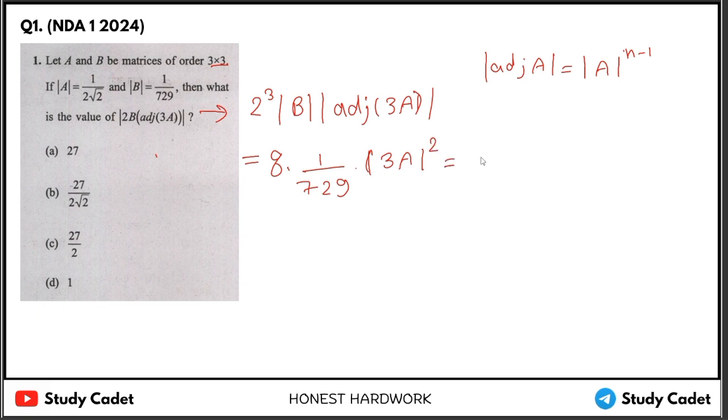So this will become 8 upon 729, and when 3 comes out, it will be 3 to the power 3, and its square, with determinant A squared. 3 cubed is equal to 27, 27 squared is equal to 729, so this will get cancelled out. 8 into determinant A, that is 1 by 2 root 2, and when we square it, it will become 1 upon 8.